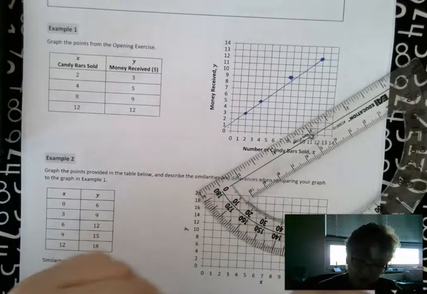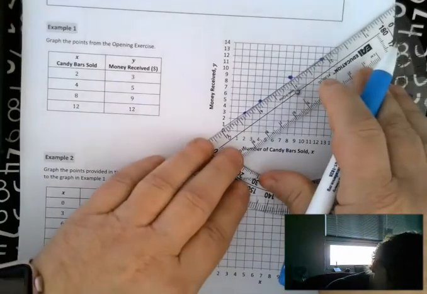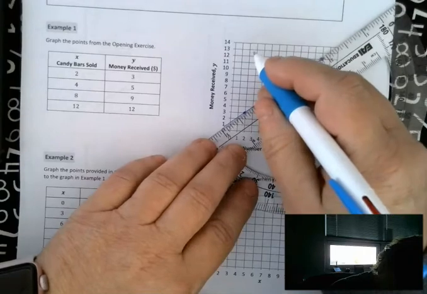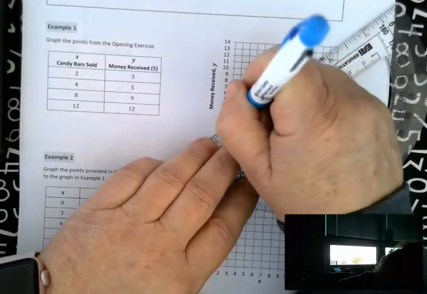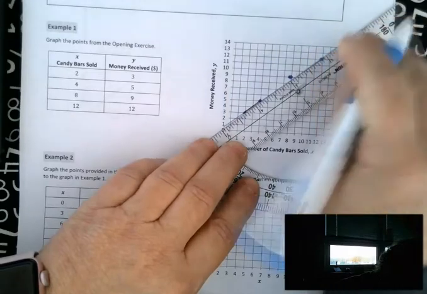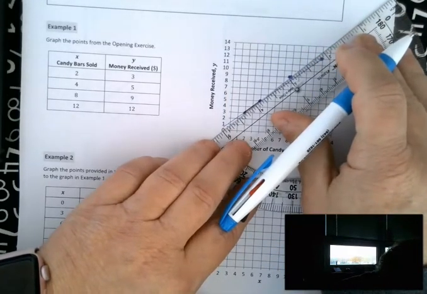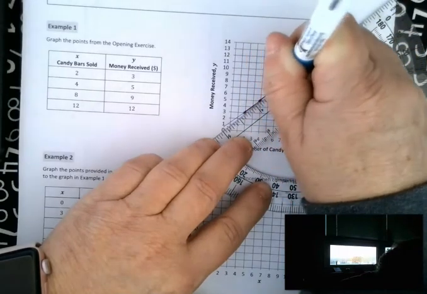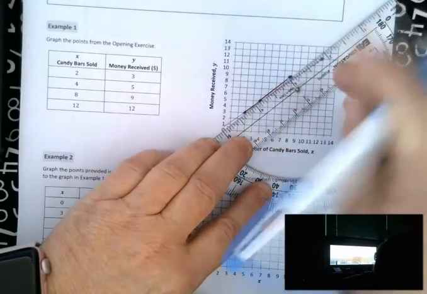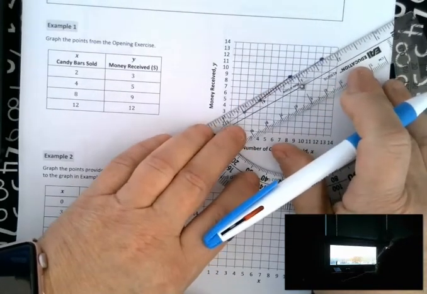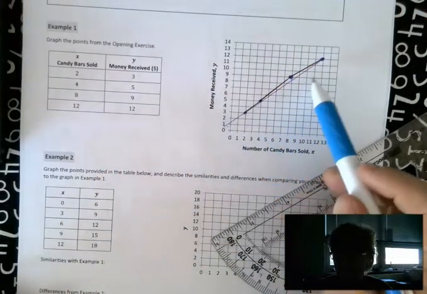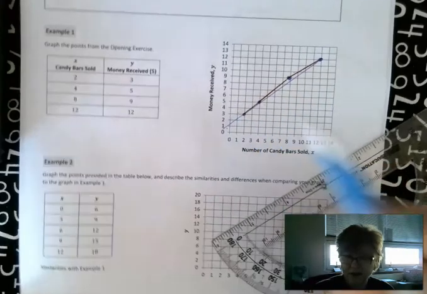So let's put them in color so we can actually see. And I'm going to connect point to point, so I can be more accurate. And hopefully you can see that this is not a straight line.